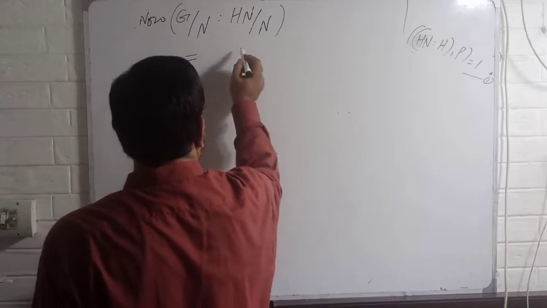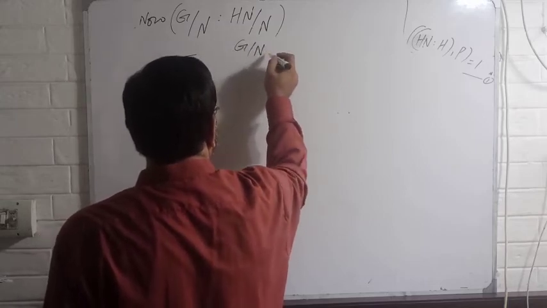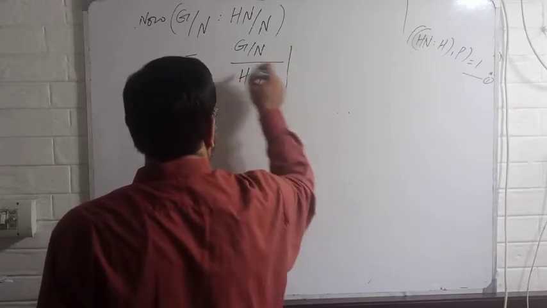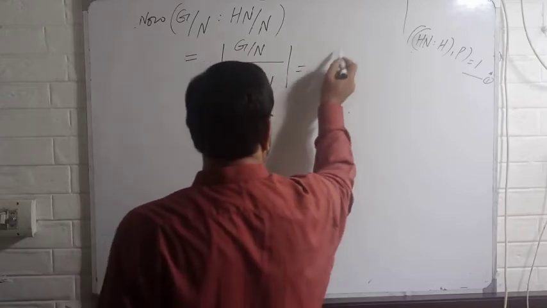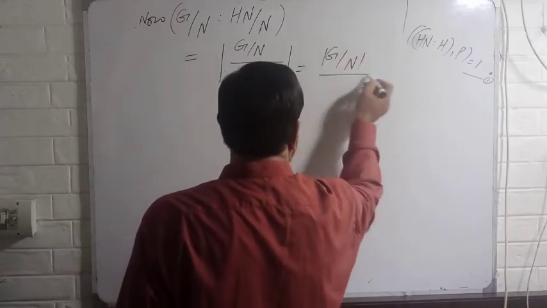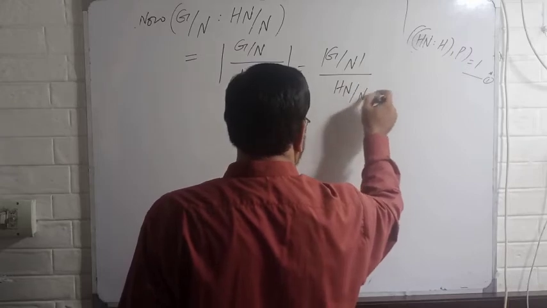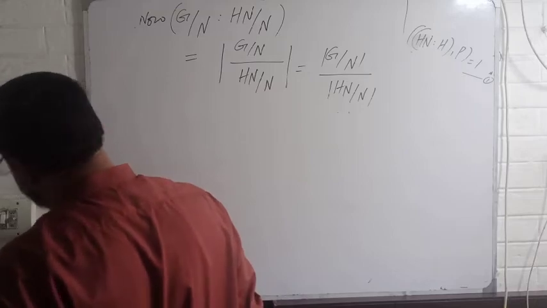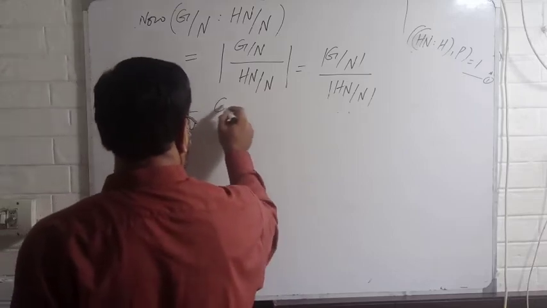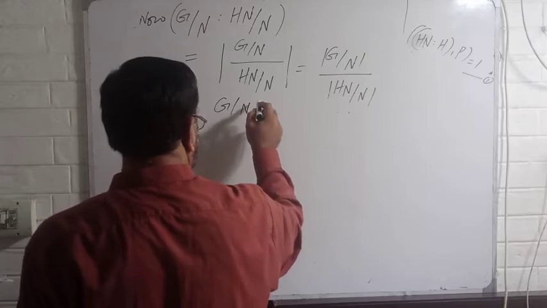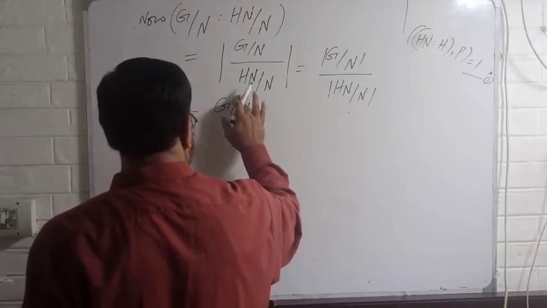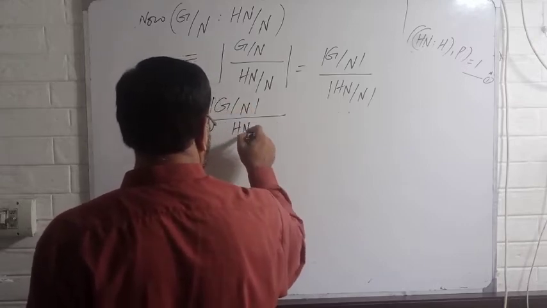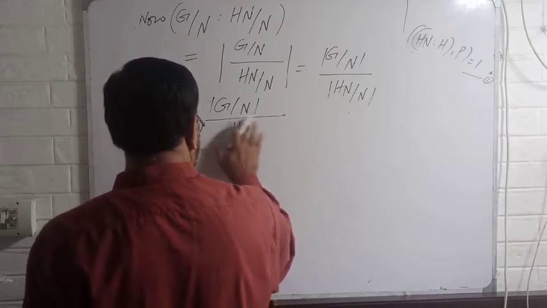This is equal to, in fact, order of G by N over order of HN by N, like this, and this is equal to order of G by N over order of HN by N.